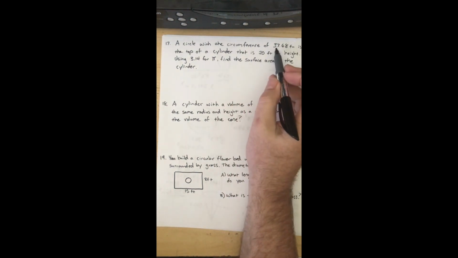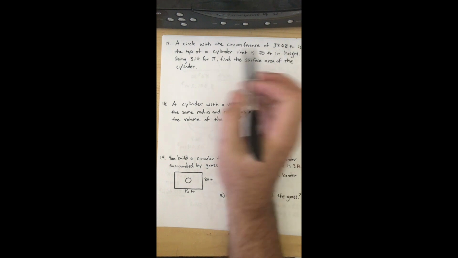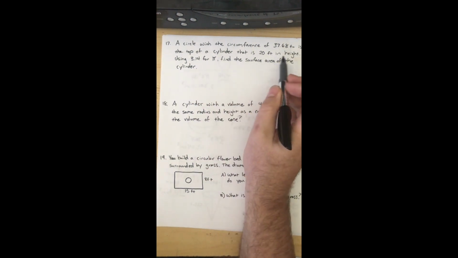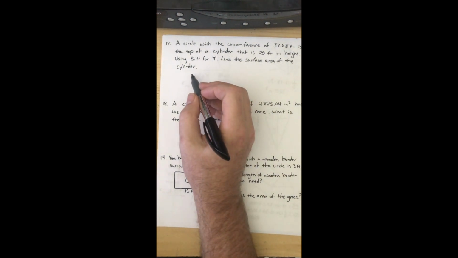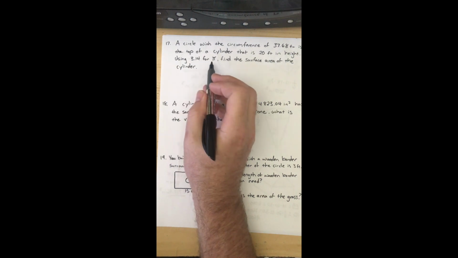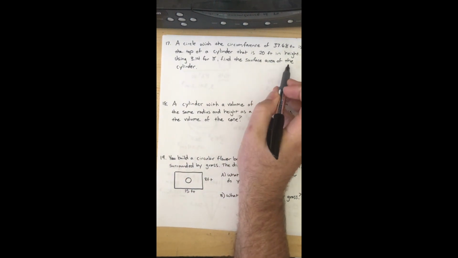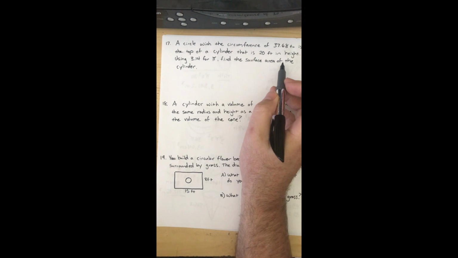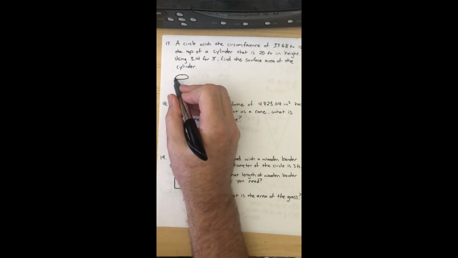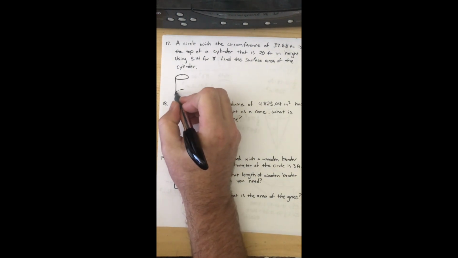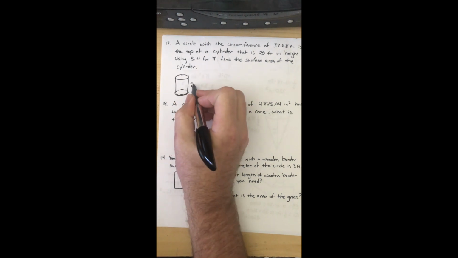All right. A circle with a circumference of 37.68 feet is the top of a cylinder that is 20 feet in height. Okay, using 3.14 for pi, find the surface area of the cylinder. Okay, so I've got a cylinder. It's 20 feet high.